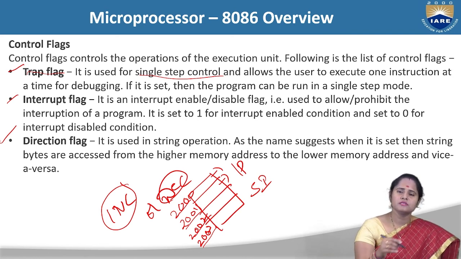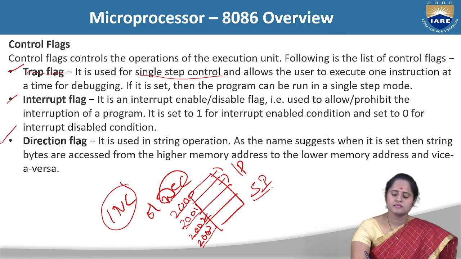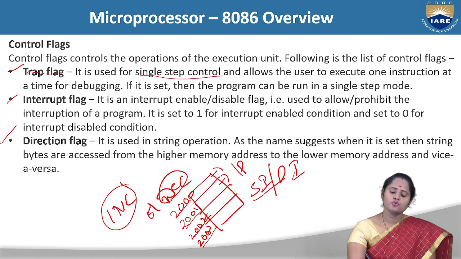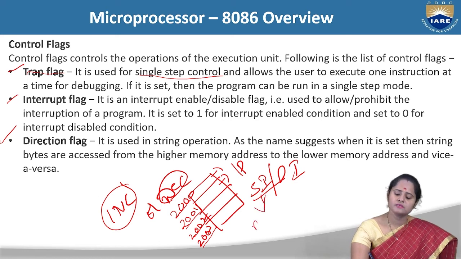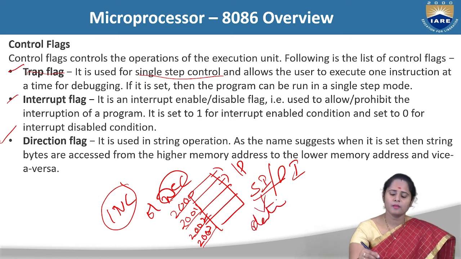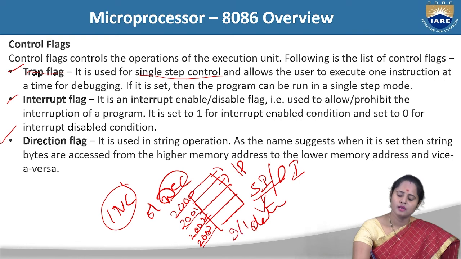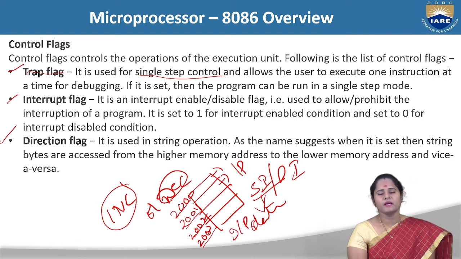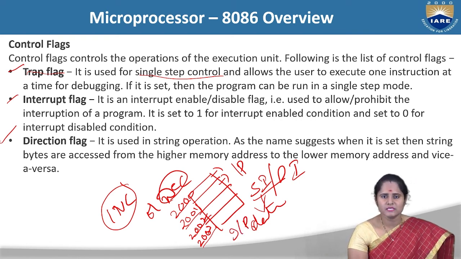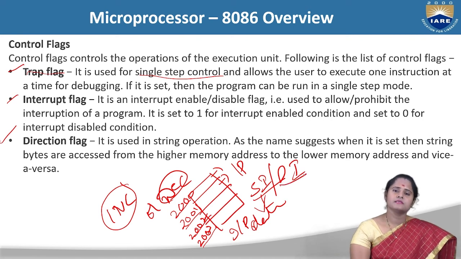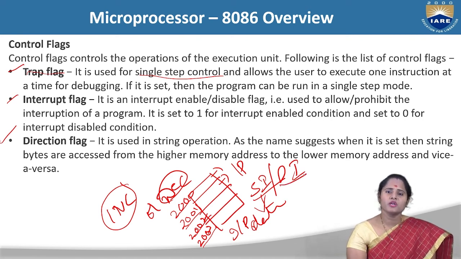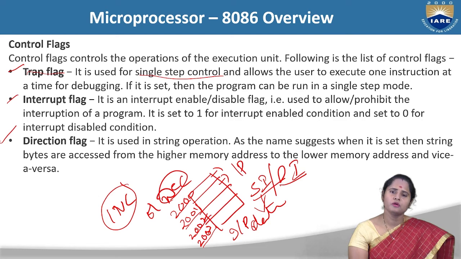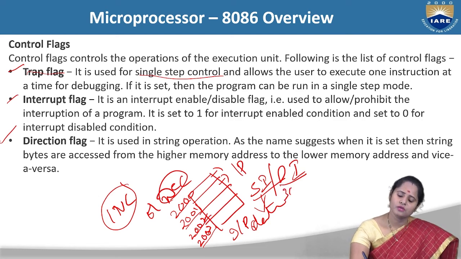So this is used for SI and DI, source index and destination index. Source index is where we are giving some data by assigning a memory location to SI. And DI is the destination index, where you look at the output, which is assigned with some memory location.